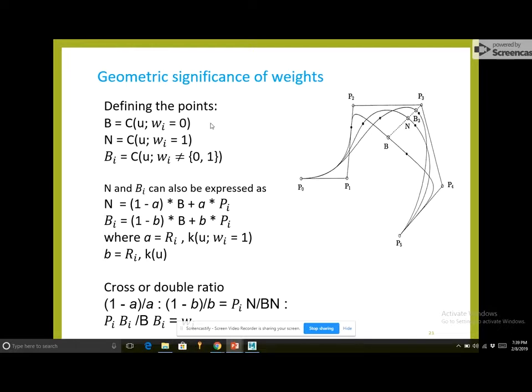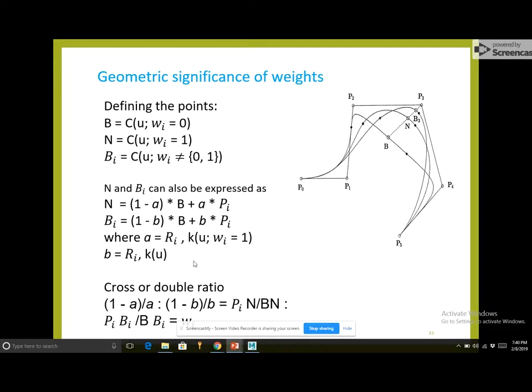So we are defining the points in this way: P, N and Bi. The N and B values can be expressed as below, where the A value is this and the B value is this. So finally, after these equations, we get a cross or double ratio, that is this, with 4 points. Those are P, B, N and Bi.